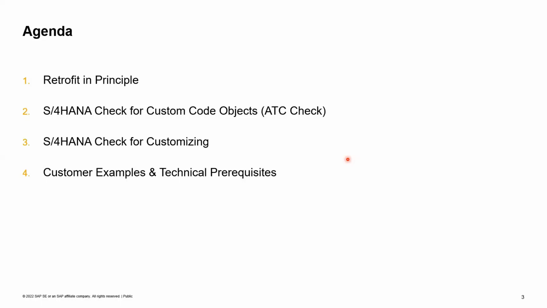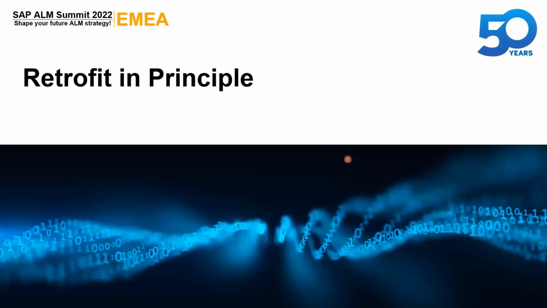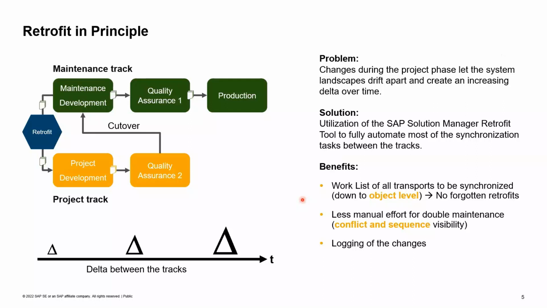Okay, let's start. When we are talking about the retrofit in principle, there are two options in the market, which were established during our S/4 journey. Many customers are on the way to implement SAP S/4HANA. So what will be the situation?